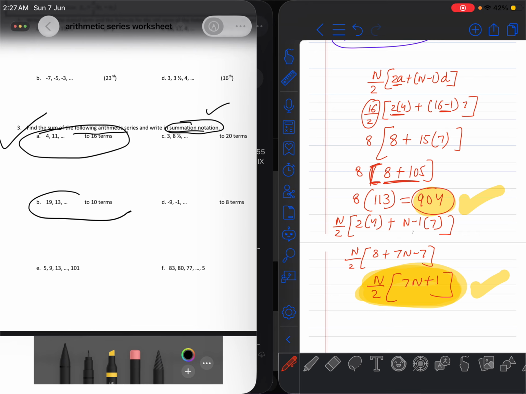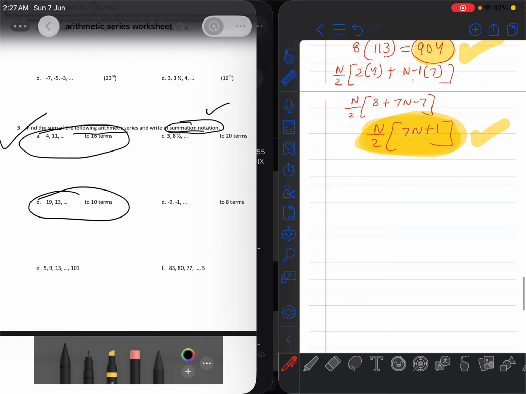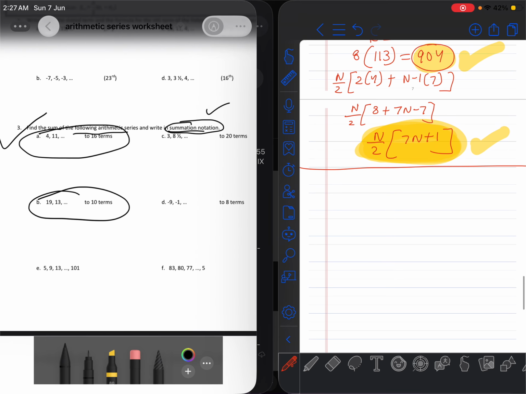Then let's see part B. Part B is 19, 13 and so on till 10 terms. We can find the summation notation first, which is n by 2 into 2a plus n minus 1 d. This needs to be learned. We are not putting n because we are finding the summation notation.